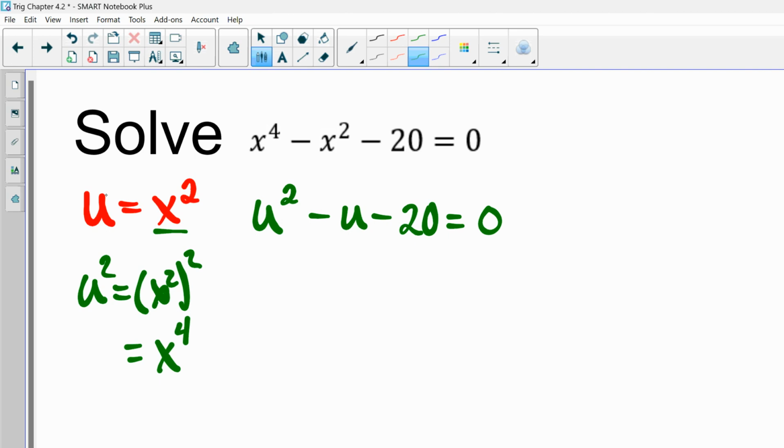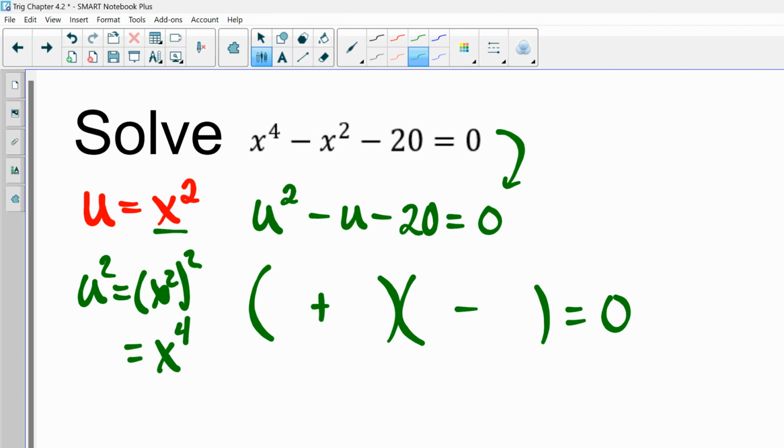But now that we have it rewritten as u squared minus u minus 20, we can see how it factors a little bit easier. Two sets of parentheses with three spaces. Since the third term is negative, our signs are opposite. Factors of u squared would be u and u.